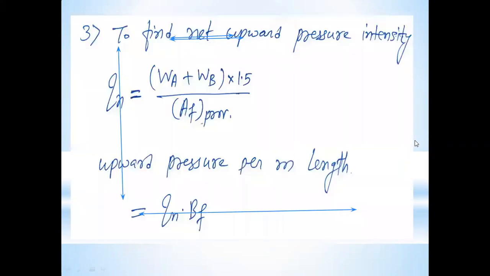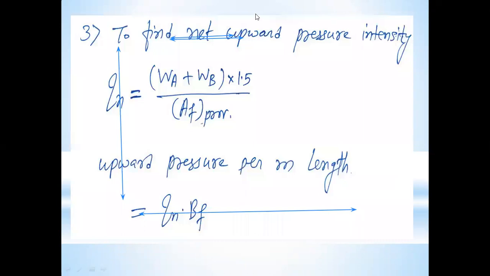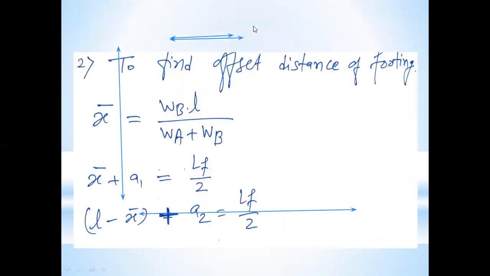So X bar is equal to WB into L divided by WA plus WB.